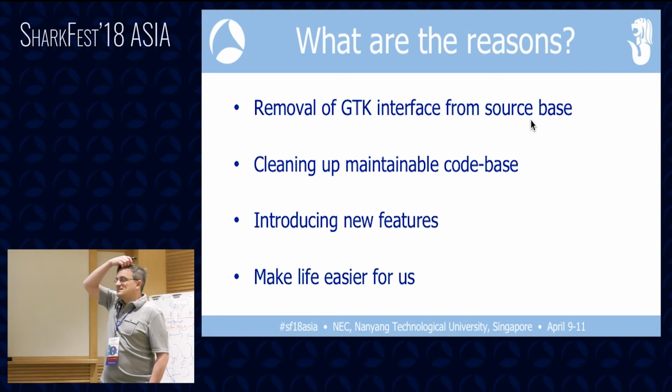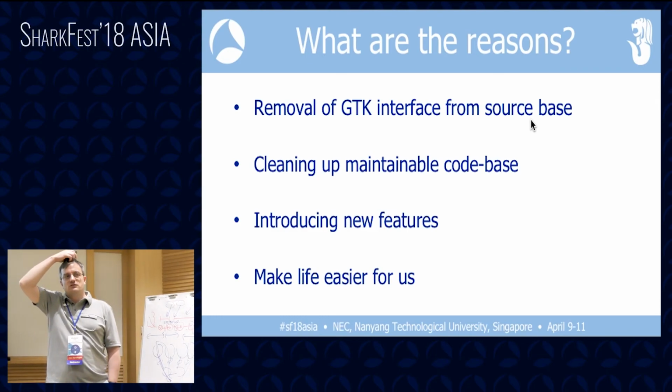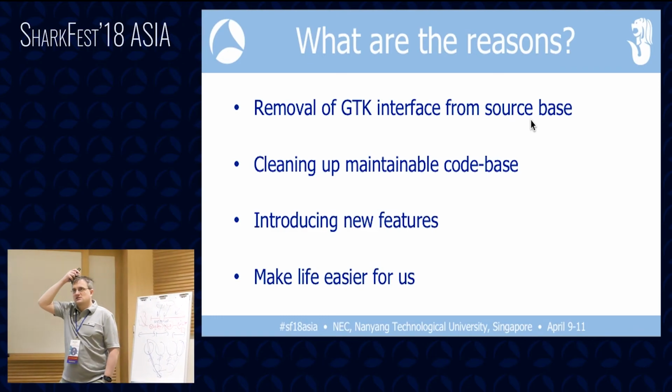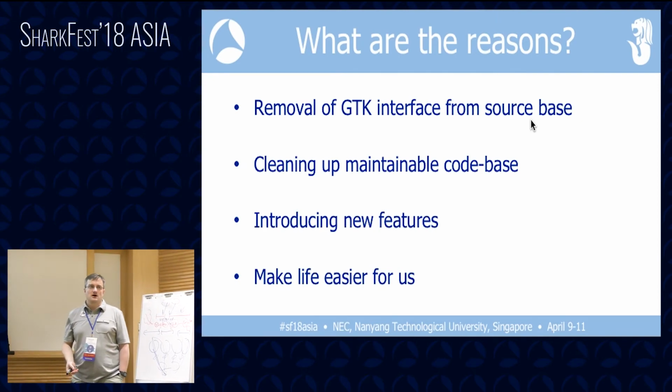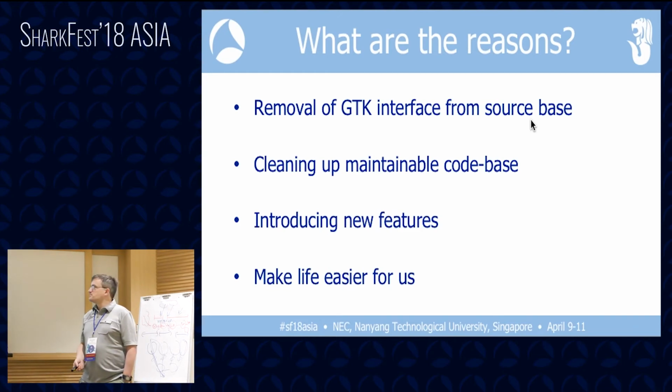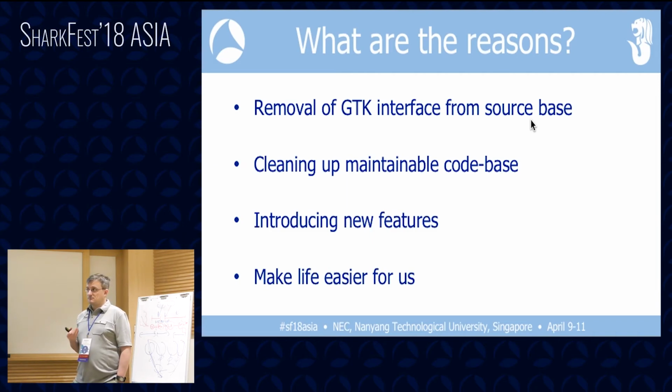So the move to 3.0 is actually something you guys probably won't see on the front. First of all, we're going to remove the GTK source code, and that's just so that we have a nicer directory structure and cleaner work. The second thing is whenever we add a new feature, we have to spend a lot of time on making it compatible not only with the Qt interface but also with the GTK interface.